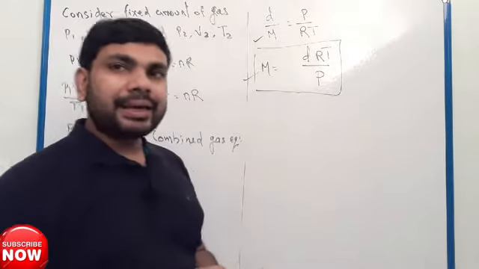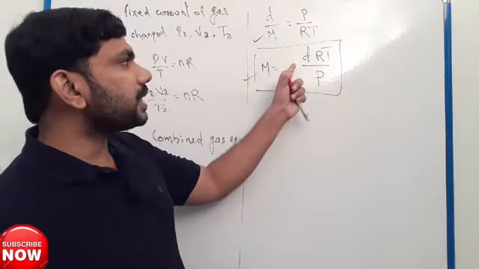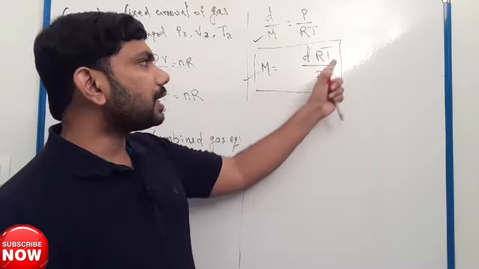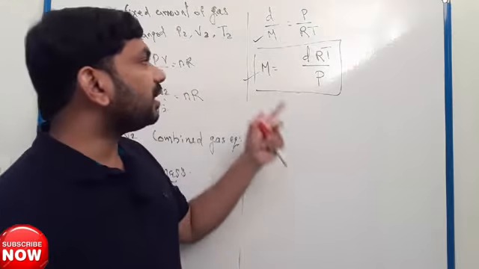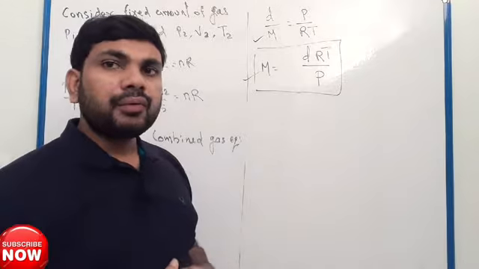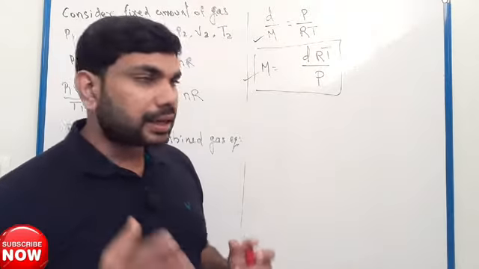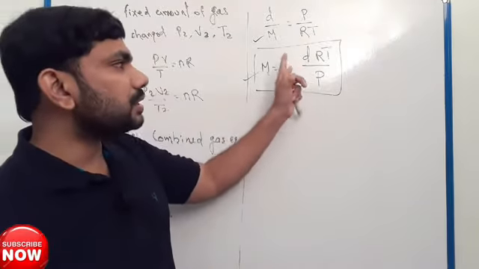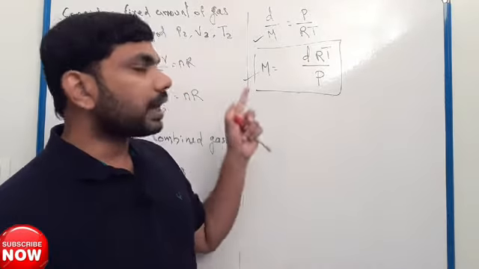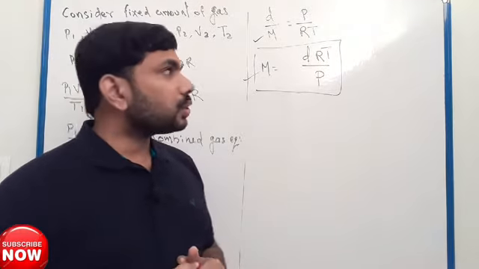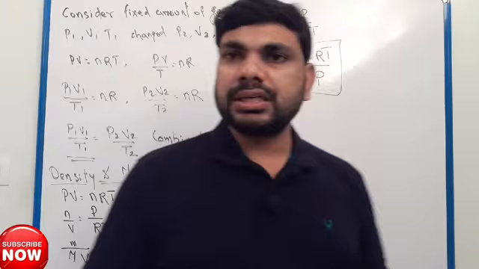So if you have a gas, its density, pressure and temperature, and the universal gas constant, then you can find its molar mass. R we know is 8.314. Clear?